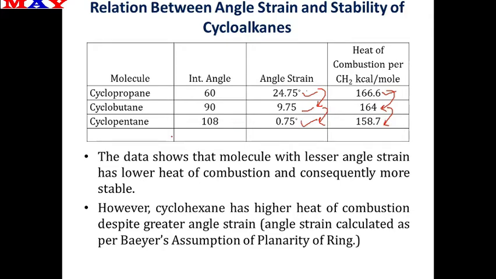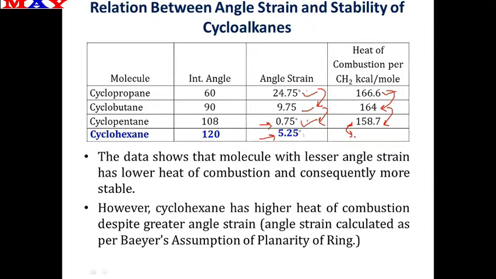However, we have one anomaly: cyclohexane angle strain is increasing from cyclopentane to cyclohexane. This is cyclopentane angle strain, this is cyclohexane angle strain. So we are expecting that this value of 158.7 should further increase for cyclohexane.